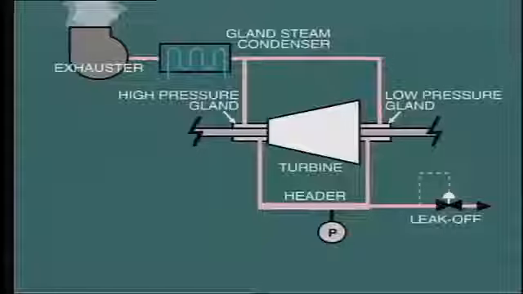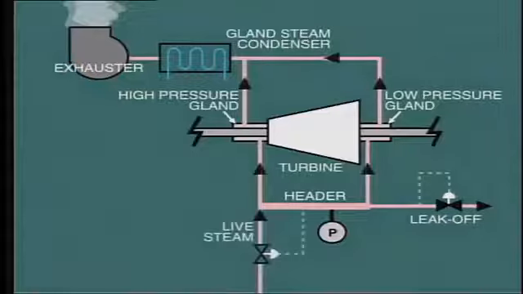But how does the system work when we're preparing for startup? In this situation, we need to pull a vacuum in the turbine and condenser before admitting any steam into the turbine. So in this condition, we have no leak-off steam. Instead, live steam is supplied to the gland steam header. The live steam supply valve is set to control the header pressure at about 3 psi to coordinate its operation with the leak-off valve.